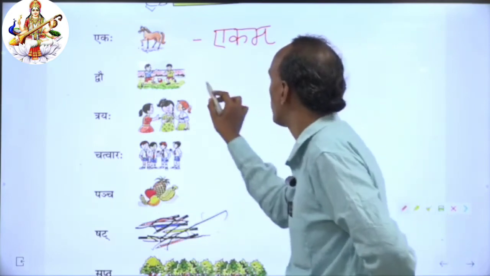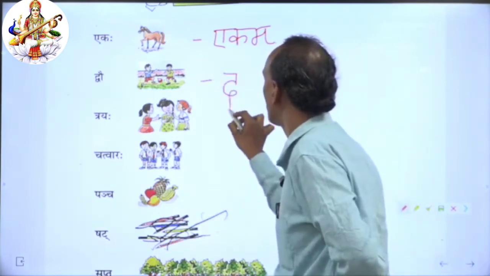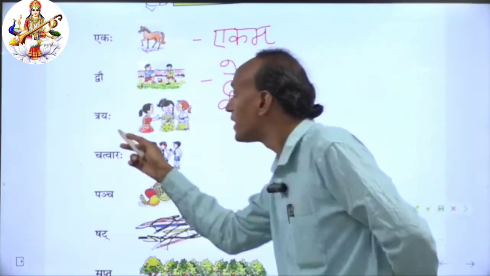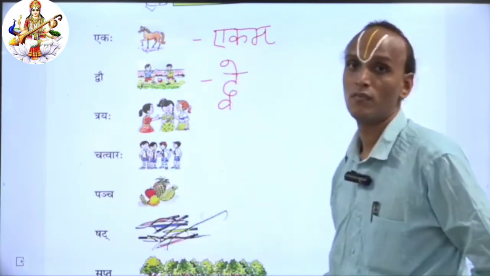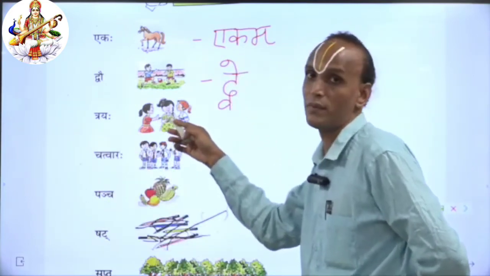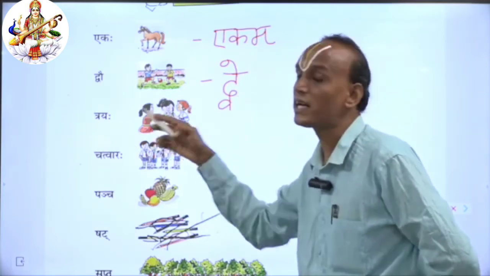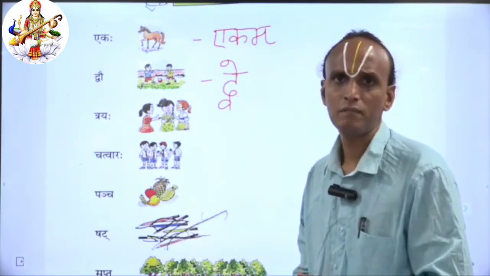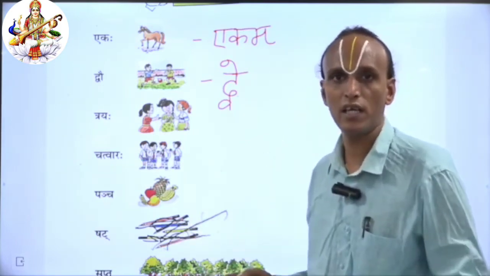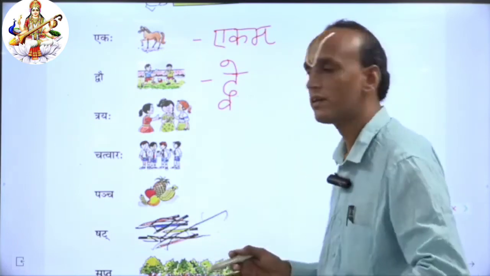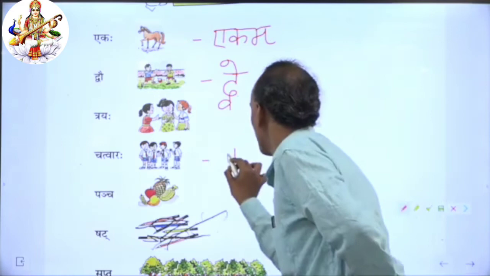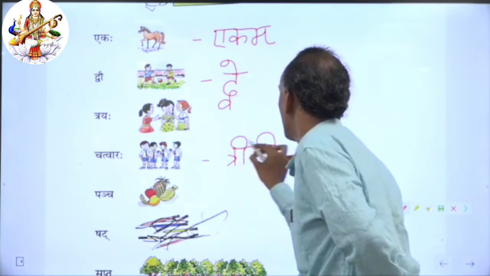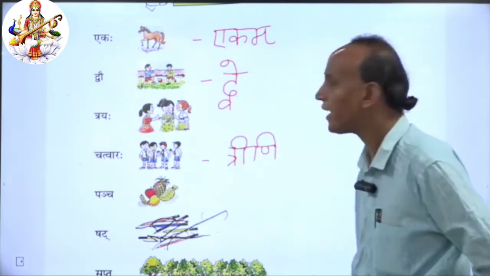Okay? See here. Ekam. Dve. Okay? Then, here they have given Trayaha. Because the picture they have given is Balikaha. So, Trayaha Balikaha they have given. But normally what do we say? Trini. For 3, we will say Trini. See here. Trini. Okay?